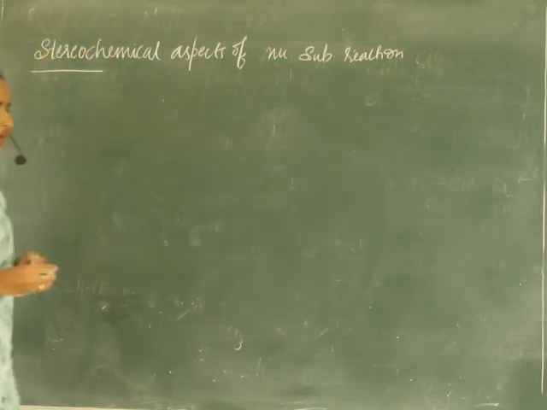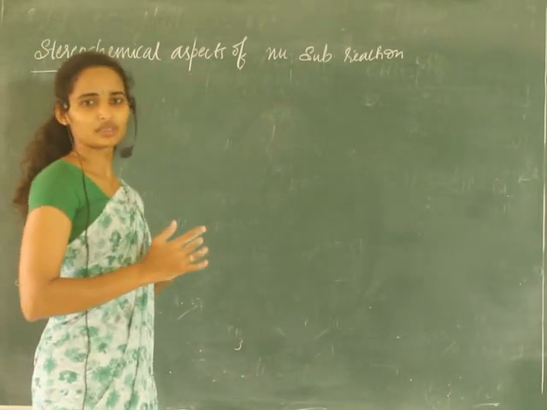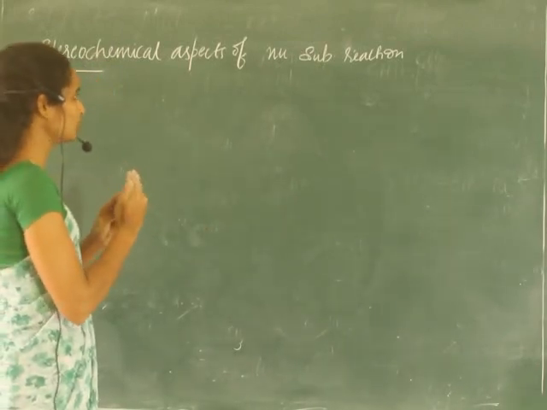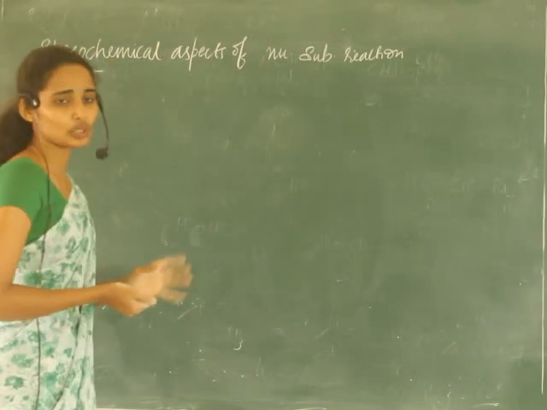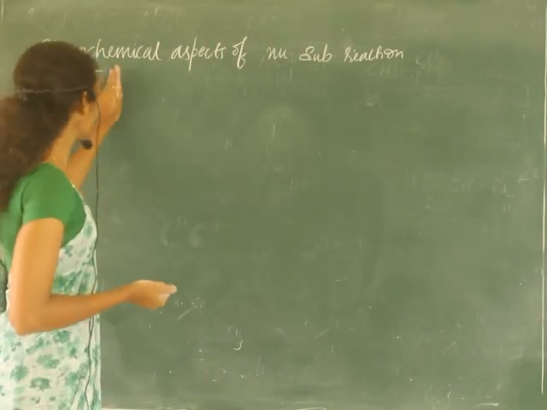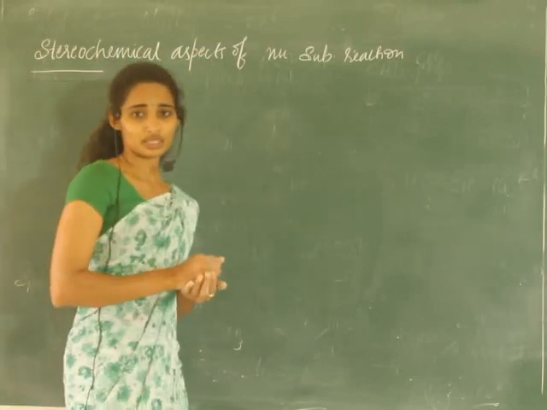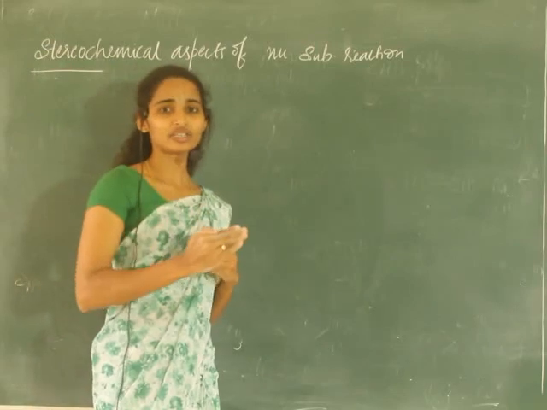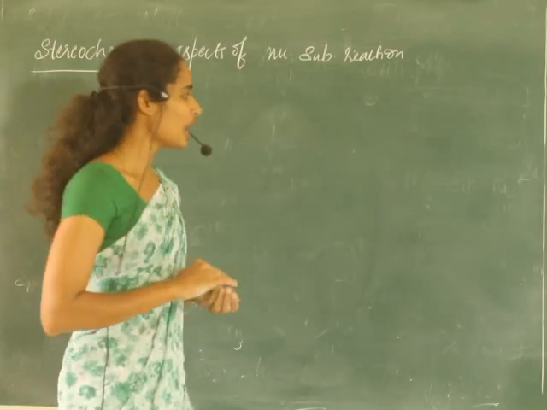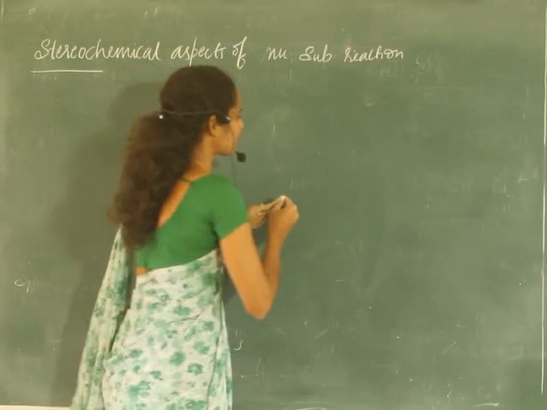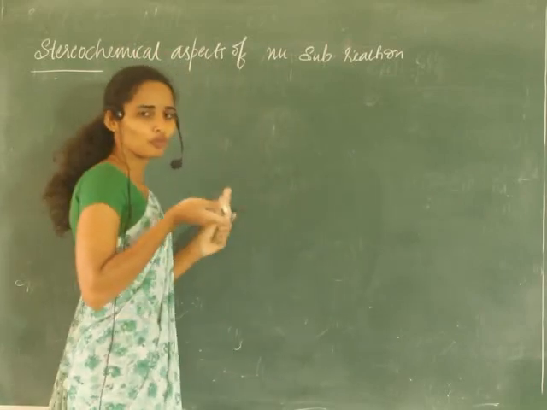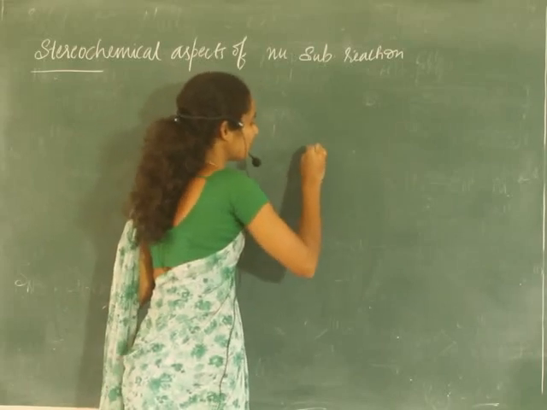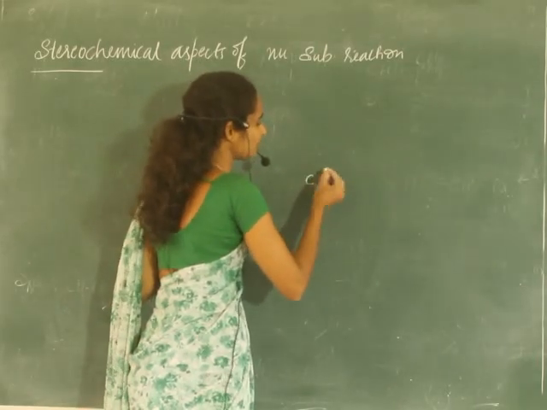Here we should know some specific terms used while discussing stereochemistry. We already know what stereochemistry and stereoisomers are, right? Compounds may have the same molecular formula but differ in the spatial arrangement of atoms. In butanol or propanol, compounds have the same molecular formula, but their spatial arrangement will be different.